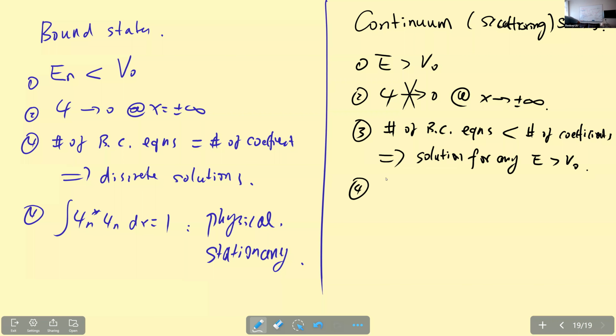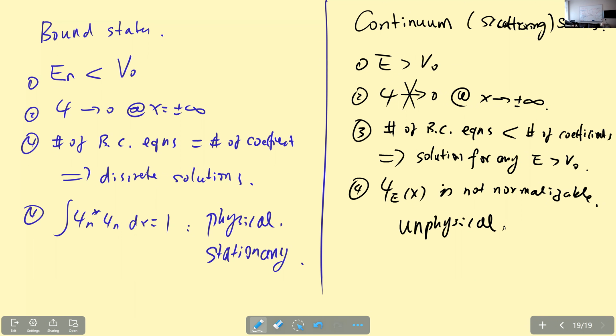And again, this psi_E(x) is not normalizable, so that means it's unphysical. You must have a wave packet. That's physical, but it's not stationary.